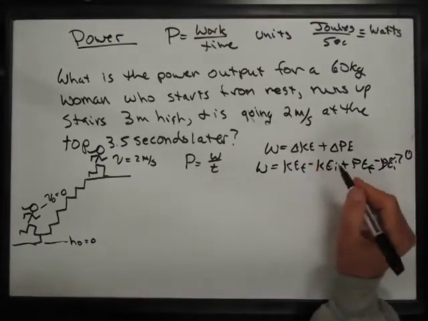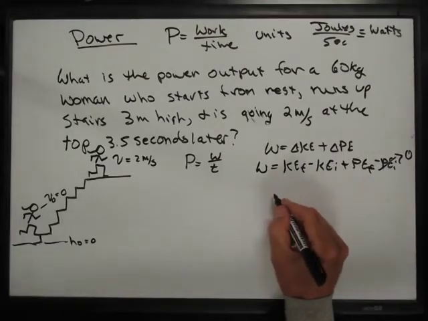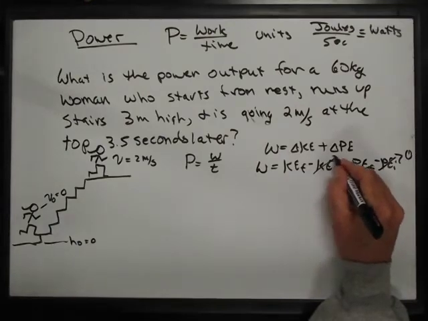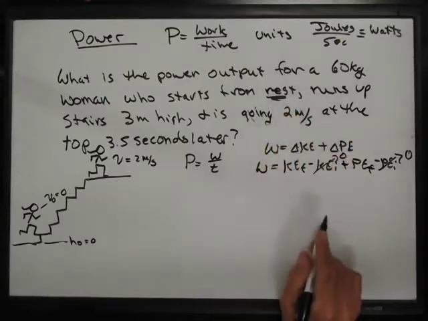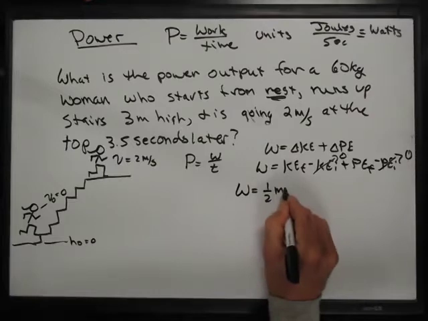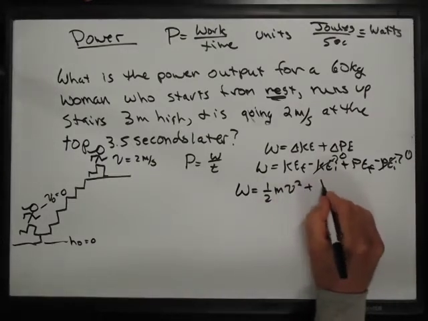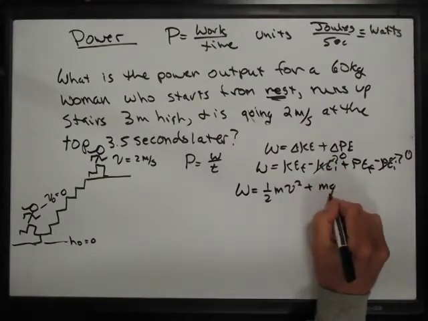I also have my initial kinetic energy is 0, right? Because she starts from rest. And so that means that the work done is just 1/2 mv squared, where v is my final velocity, plus mg times the final height.